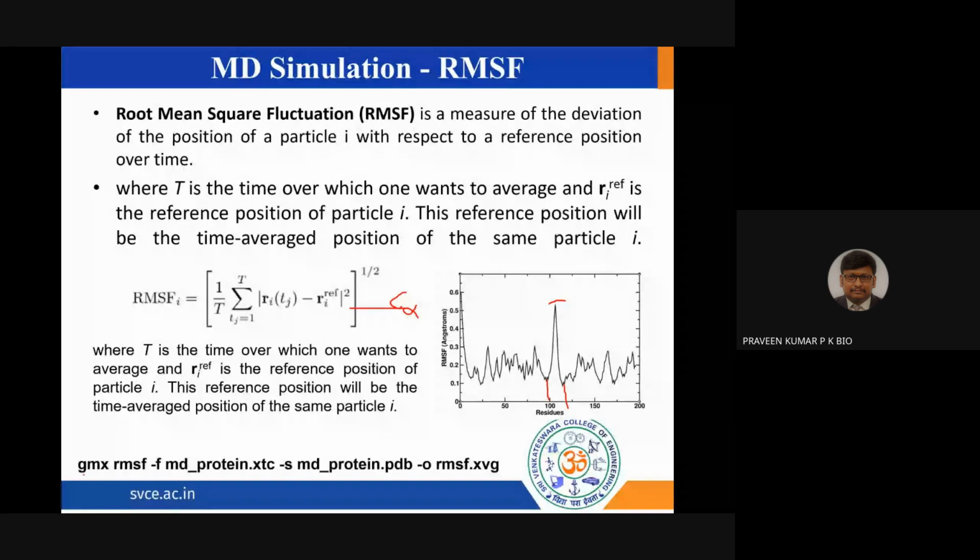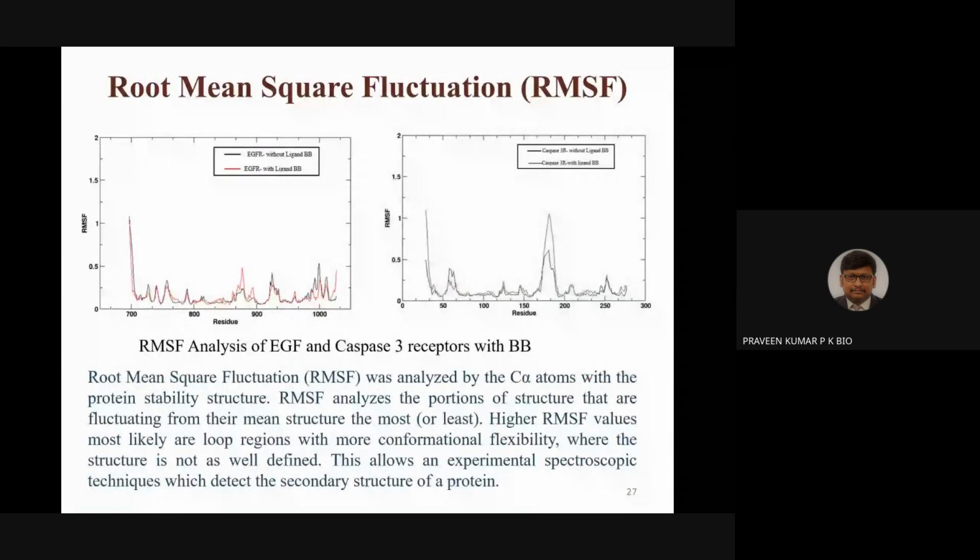For working on RMSF, in the ninth step, you can run RMSF using this command, and you get rmsf.xvg. You can open this in the xmgrace tool to get a result like this. This is just the receptor alone. Here, I have both ligand bound and without ligand bound.